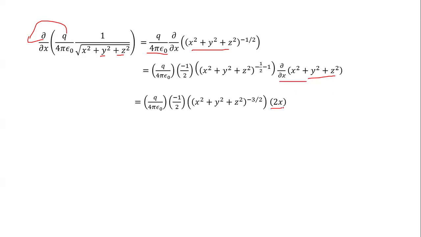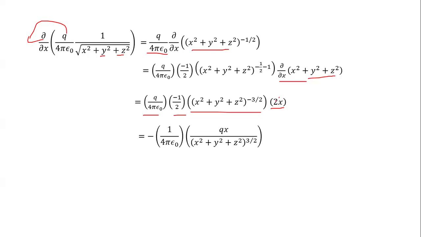So we have 2x times this expression times one half. If you simplify, the two and the one half cancel. The negative is still here, so we have 1 over 4 pi epsilon naught, and the q and the x will be here, and the negative three halves power will be down. So this is the form.